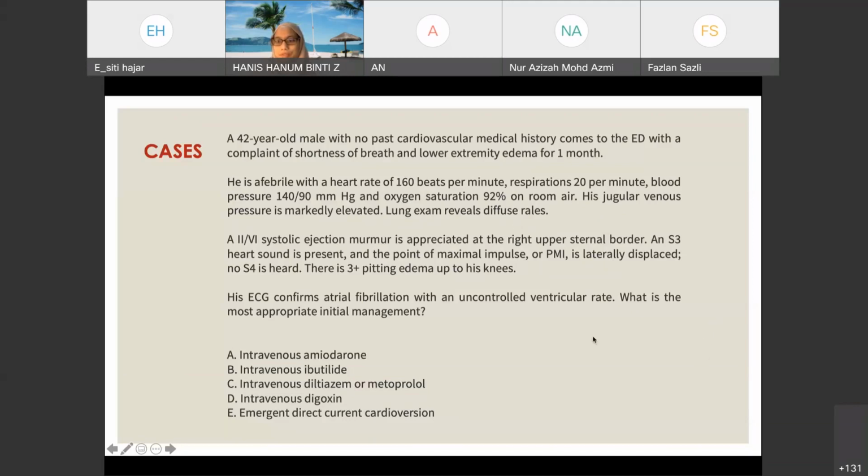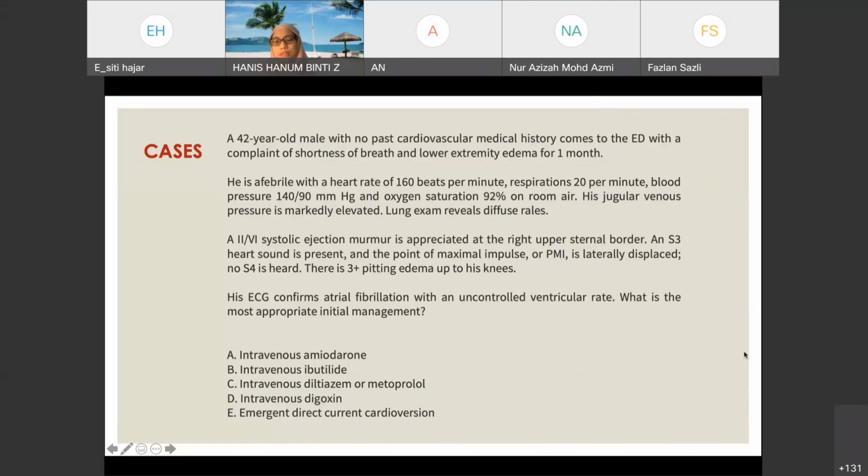Has it come out? It's out already. Tell me what you think. It looks like most of you answered non-DHP CCB or beta blockers. 18% of you answered that.